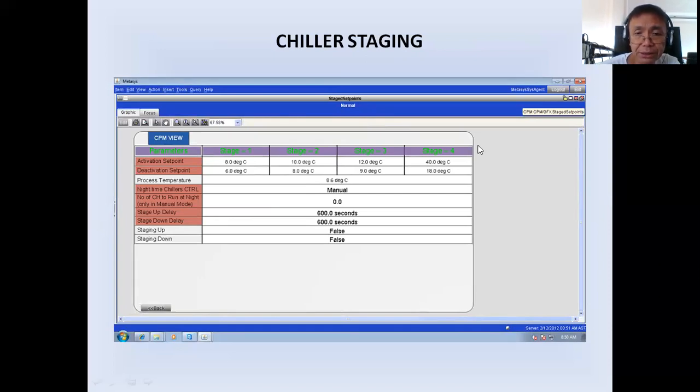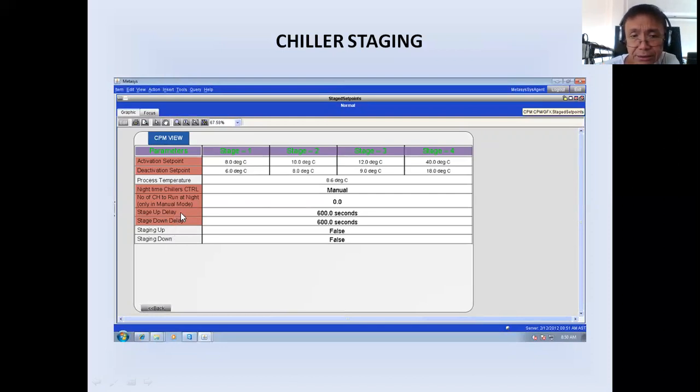Again here also in stage 3, the activation is 9 degrees. Let's say when the chilled water goes to 12 degrees, then it will enter stage 3. Then when the temperature goes to 9 degrees, it will go out of stage 3. Stage 3 will be deactivated. Now, there is also some information here.